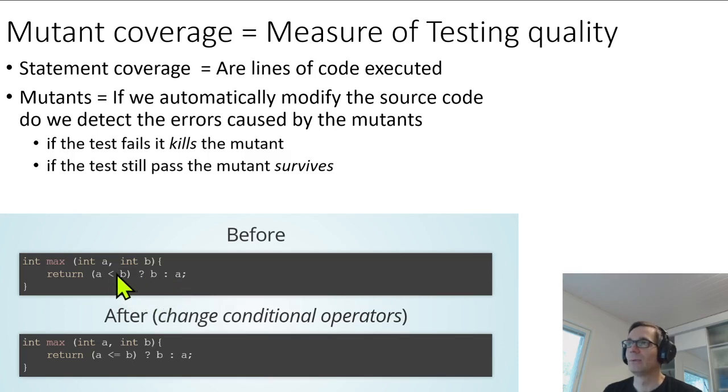And now a possible mutant would be to change this operation here to equals. So this wouldn't actually change the program behavior in any way, and I doubt that there could ever be a test case that would actually detect it, because this only considers the case when they are the same.